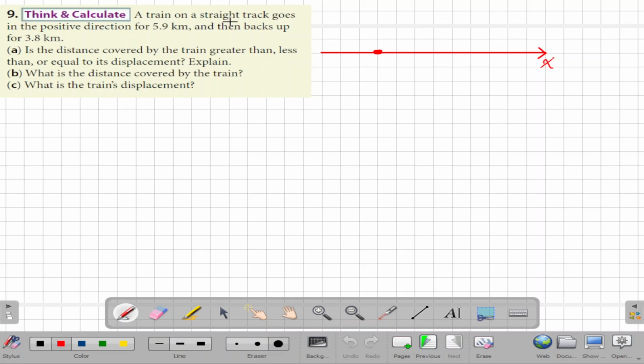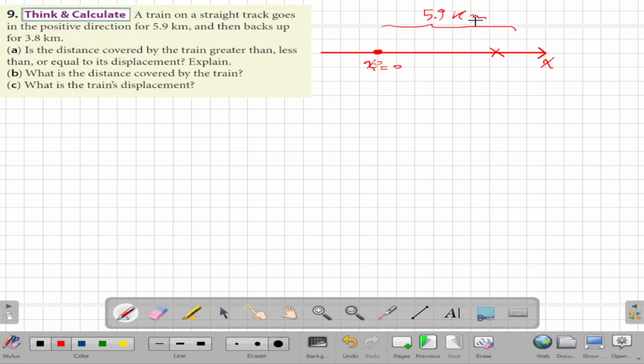A train on a straight track goes in the positive direction for 5.9 kilometers. Let's choose the starting point x initial at the origin, and then the train covers a distance at this position which is equal to 5.9 kilometers.